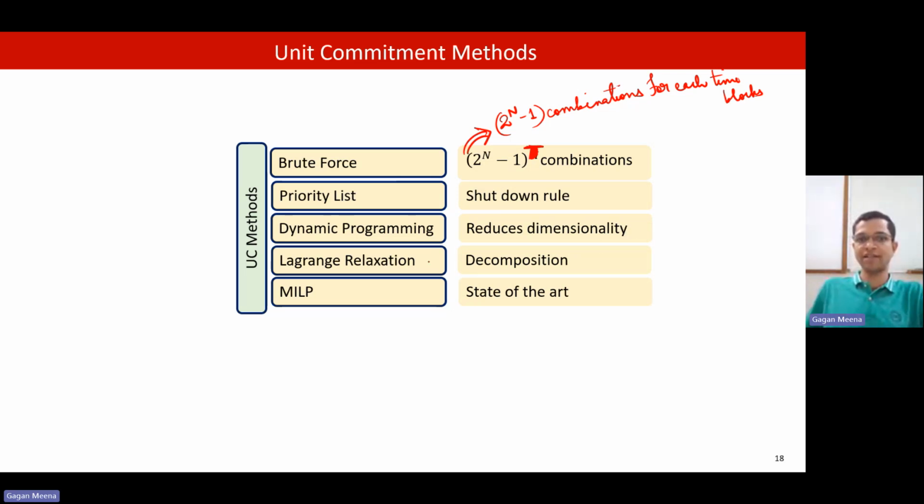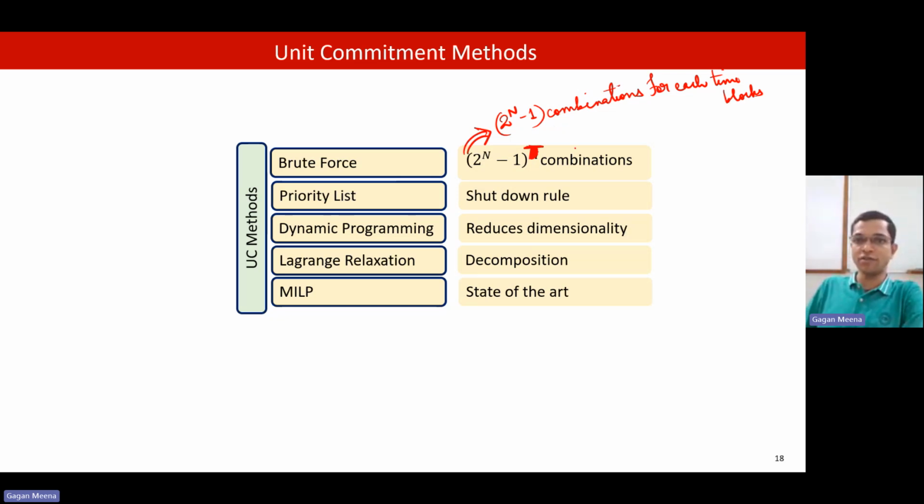Then Lagrange relaxation is another method, not an improved version, but a better method, because dynamic programming also has several limitations which we cannot model. All the constraints cannot be modeled using dynamic programming. It becomes quite complex, and we will get the optimum value from dynamic programming only when we use all these combinations.